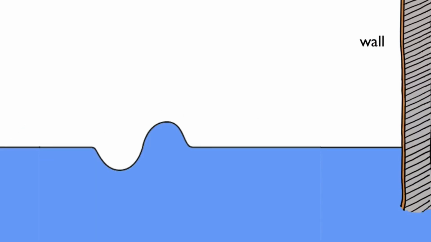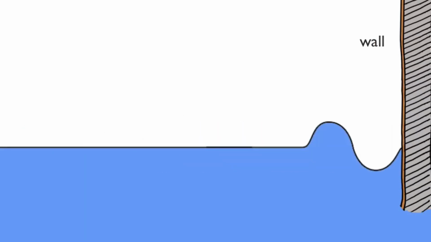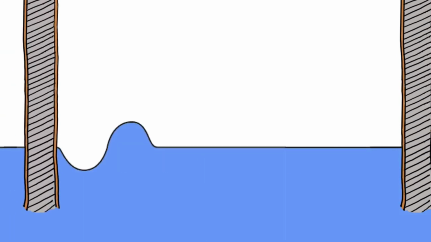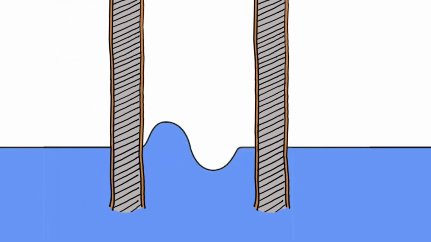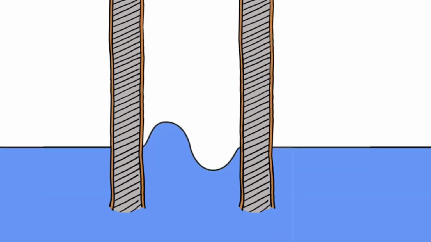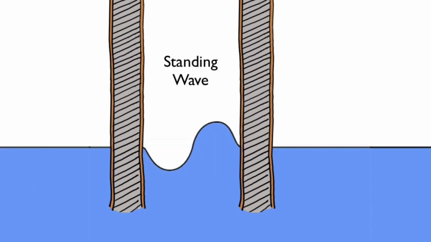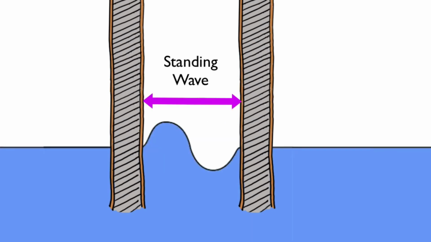Check this out. A wave can bounce off of a rigid structure. Let's add a second wave. Cool. Let's add a second wall and try to confine a single wave. Aha. What we've got here is called a standing wave. Notice that to have a standing wave, the dimensions have to be just right, typically some multiple of the wave's wavelength.